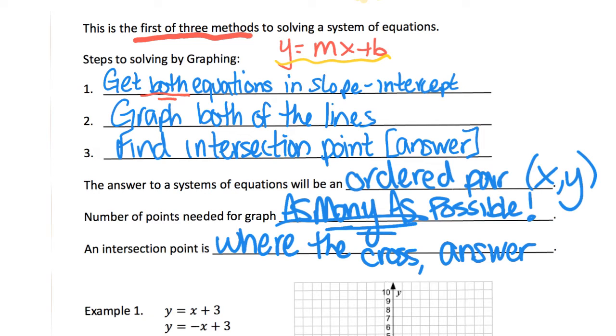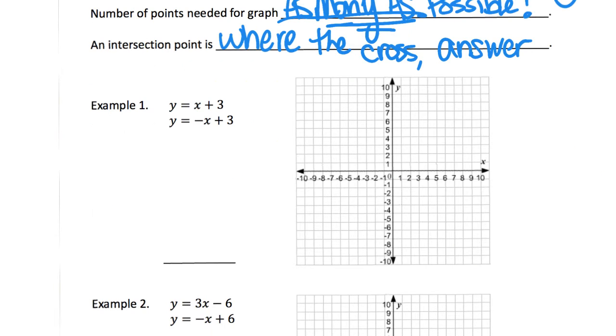All right, so let's get started and look at problem number 1. The first thing we're going to want to do is graph them in different colors, and you're going to need a ruler. We're going to graph this first one in red.